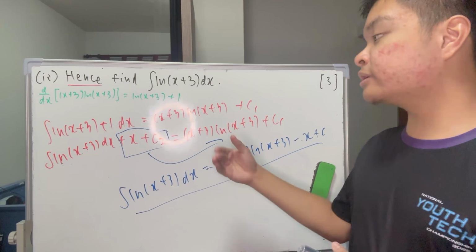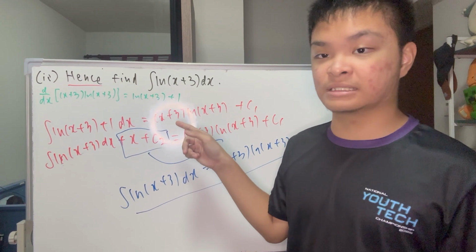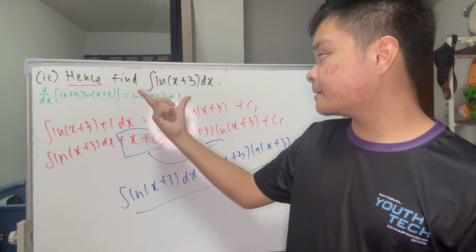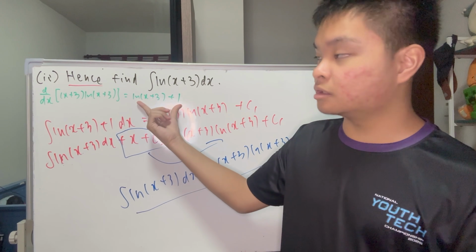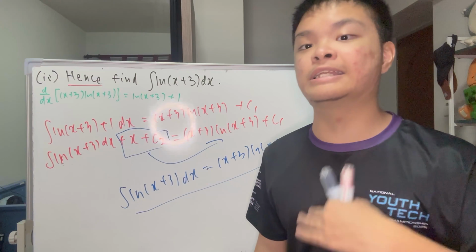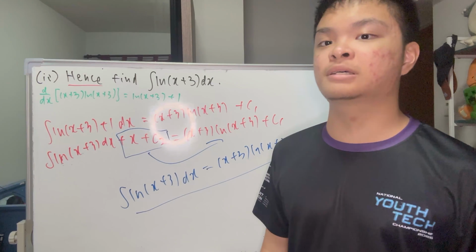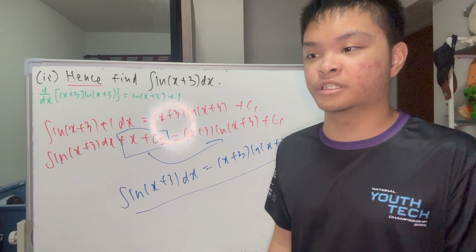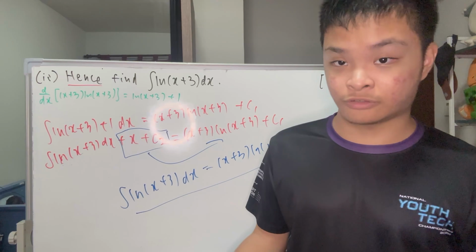So from there, what you need to do is, from your previous answer, which you differentiated, integrate your answer and you get back the original function that they asked you to differentiate. This works because of the principle of integration, where it is the reverse of differentiation.